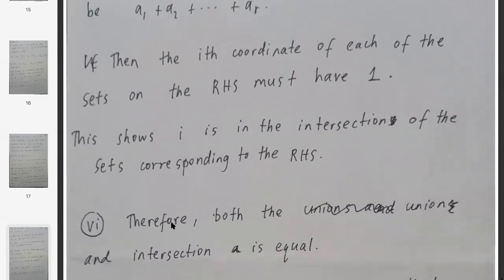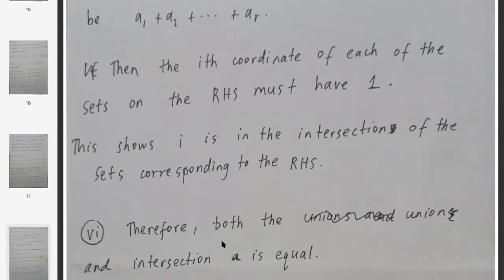Therefore, the union and intersection of the sets corresponding to the LHS are equal to the union and intersection of the RHS. So what I mean is, we get that these groupings satisfy the property that their unions are the same and their intersections are the same.